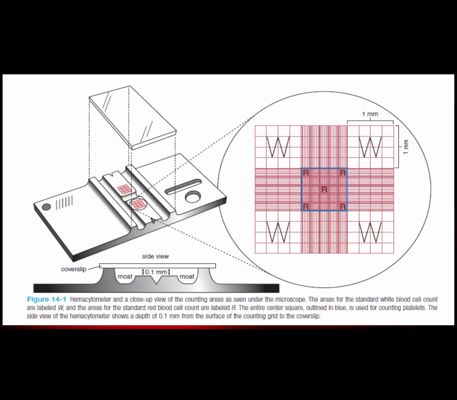Each of the four corner squares, wherein the WBC is counted, is subdivided into 16 squares, and the center square is subdivided into 25 smaller squares. Each of the smallest squares is 0.2 millimeter by 0.2 millimeter, which is 1/25th of the center square.